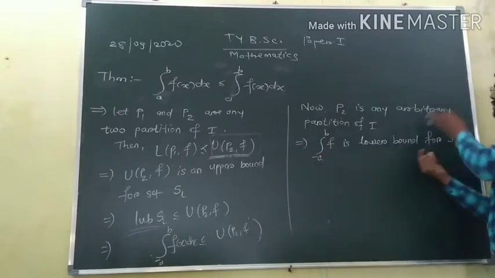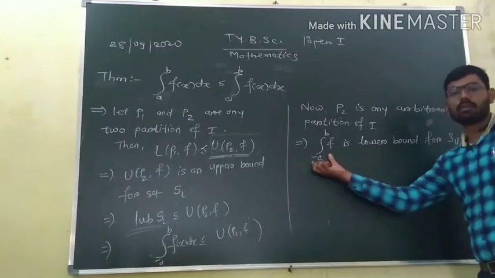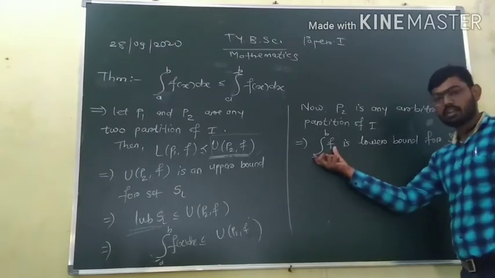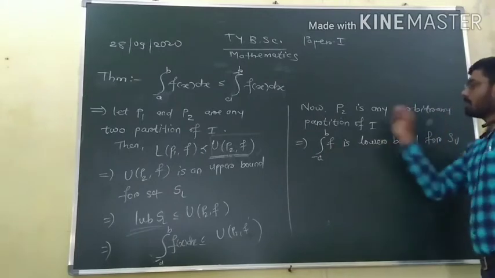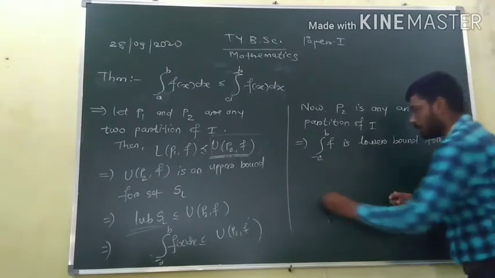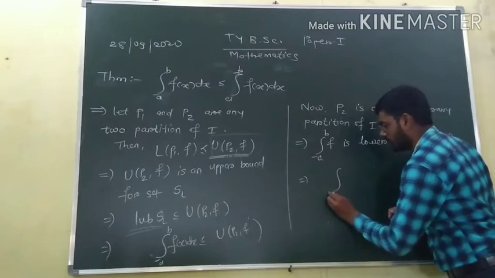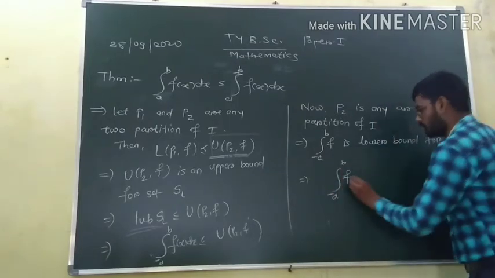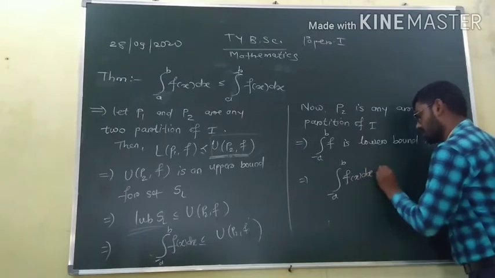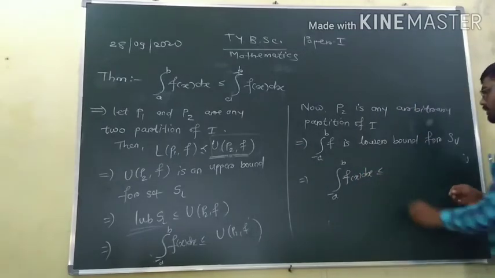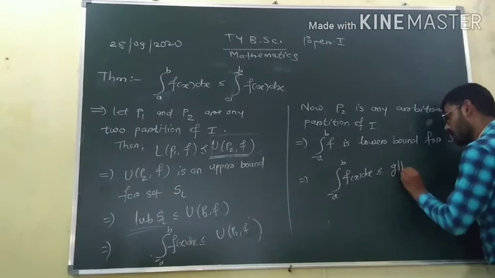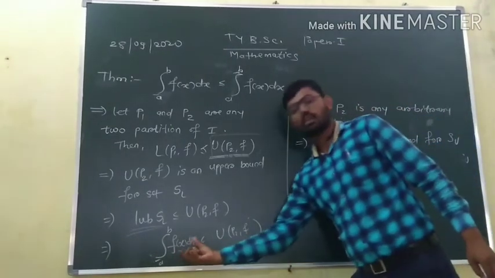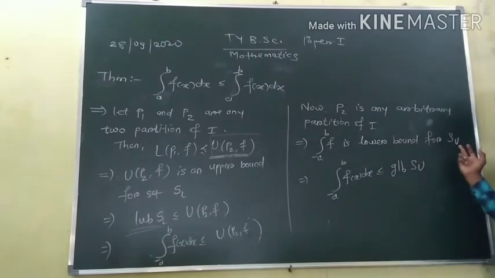So this is a lower bound for SU. So the greatest lower bound must be greater than or equal to a lower bound of the set SU. So a lower bound of the set SU is this. So the greatest lower bound of the set SU must be greater than this. So this implies the lower integral of f must be less than or equal to the greatest lower bound of SU. Why? This is a lower bound for the set SU.